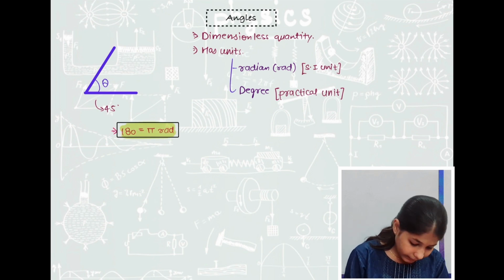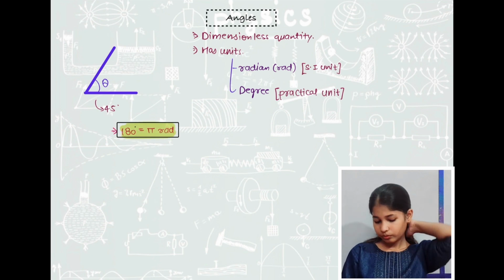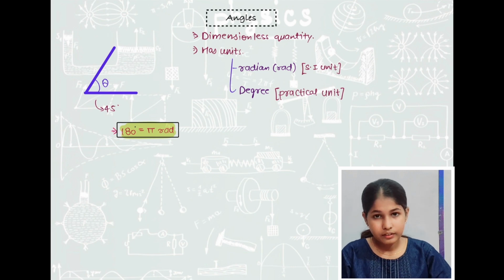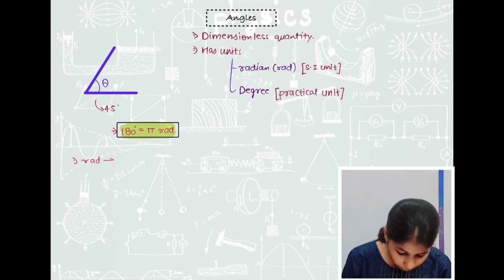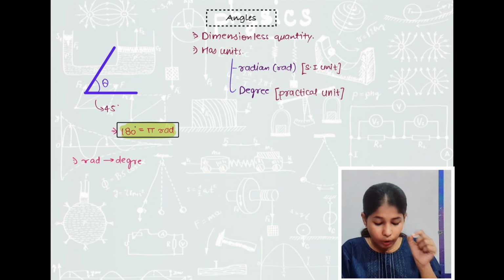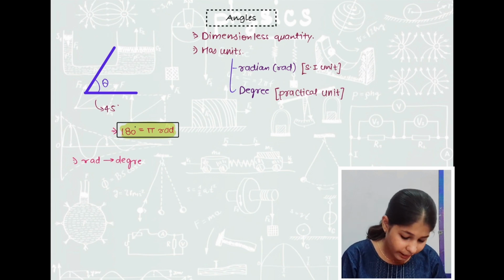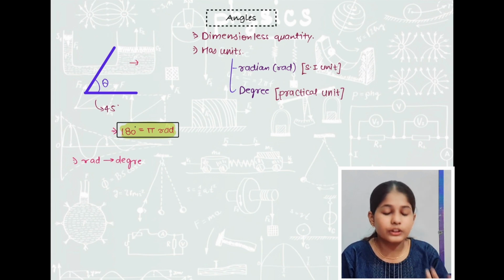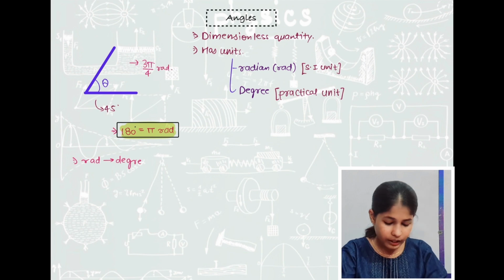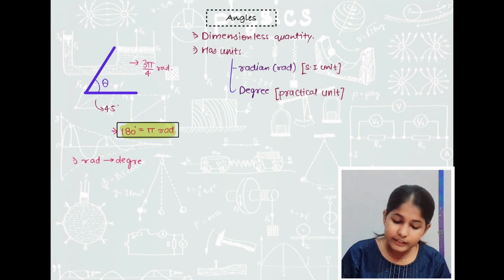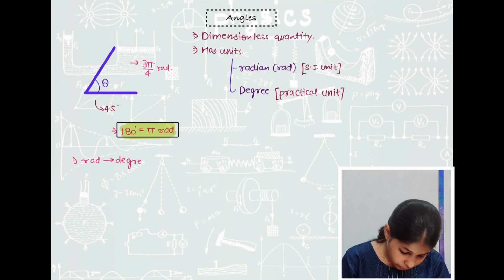Okay, 180 degree is equal to pi radian. So if you want to convert from radian to degree, if any value of angle is given in, let's assume, 3 pi upon 4 radian, and if you want to know the answer in degree, then what you need to do?